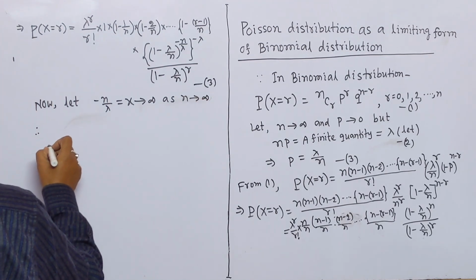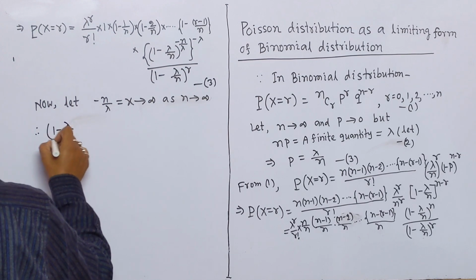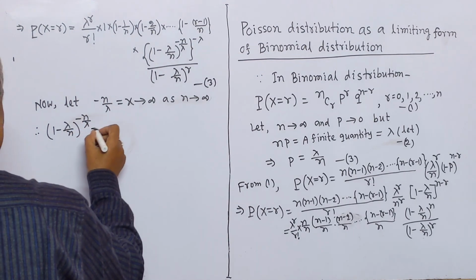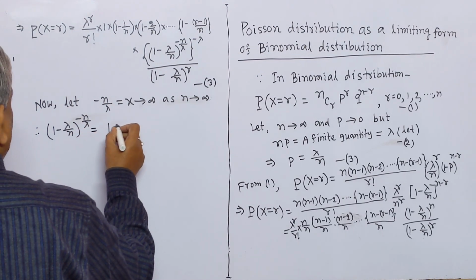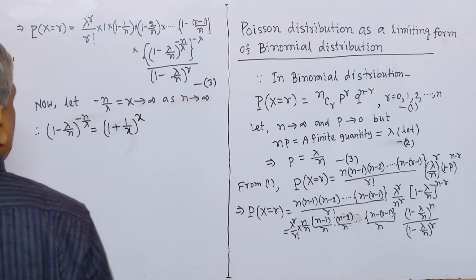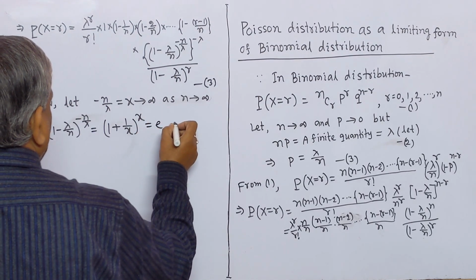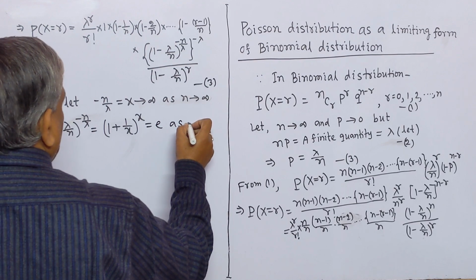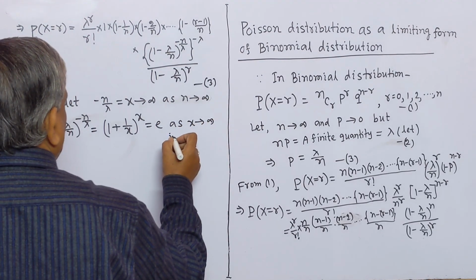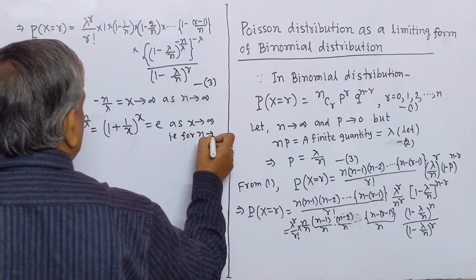Therefore, 1 minus lambda by n to the power minus n by lambda equals 1 plus 1 by x to the power x, and this is equal to e as x tends to infinity, that is, for n tending to infinity.